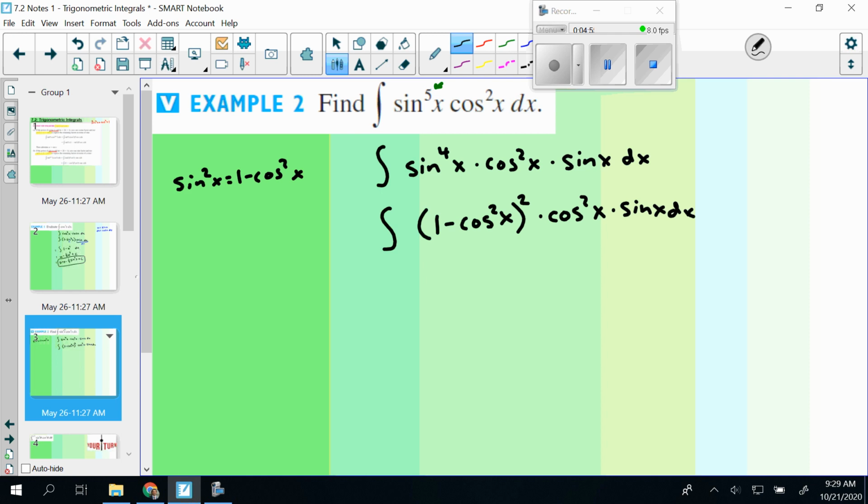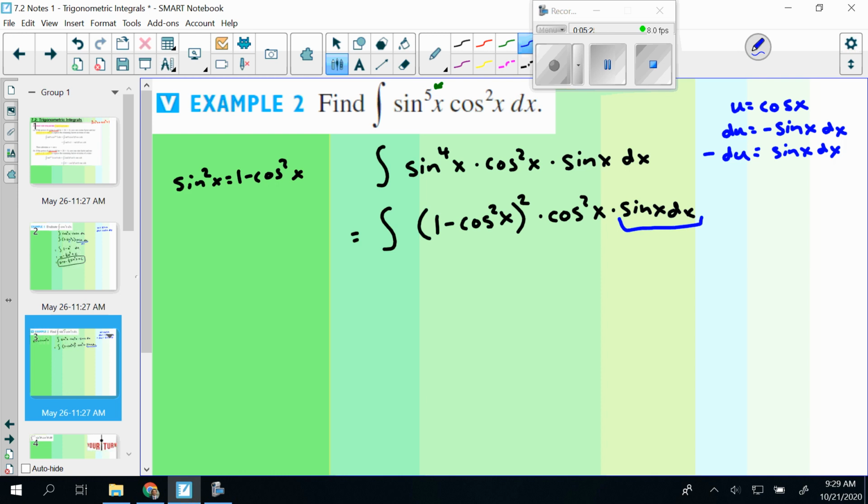Now we're going to do a substitution like we did on the last one. This time we're going to let u be cosine of x, with derivative being negative sine x. So when we make this substitution, we have the sine x dx there, but this is going to end up being negative du.